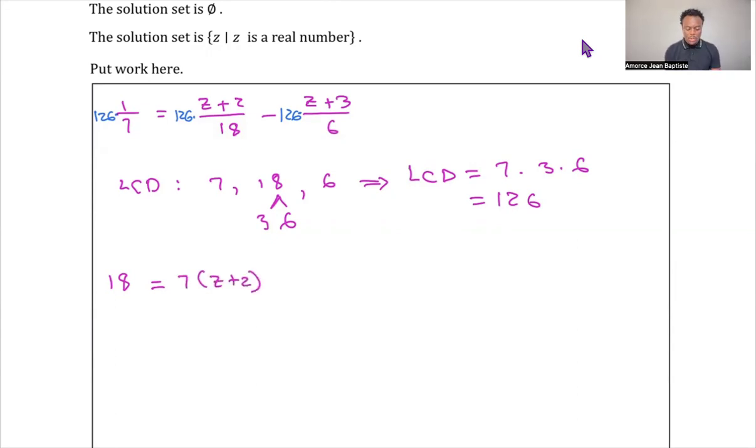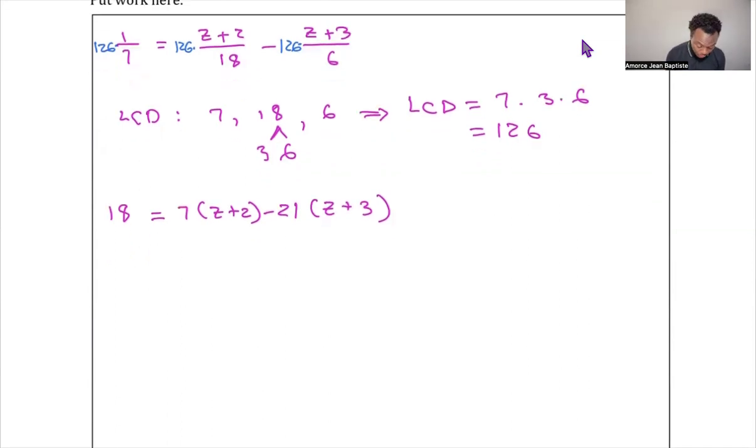And then when you divide 126 by 6, then you got 21 minus 21 z plus 3. Then now you can distribute and then isolate the z. 18 equals 7z plus 14 minus 21z minus 63.